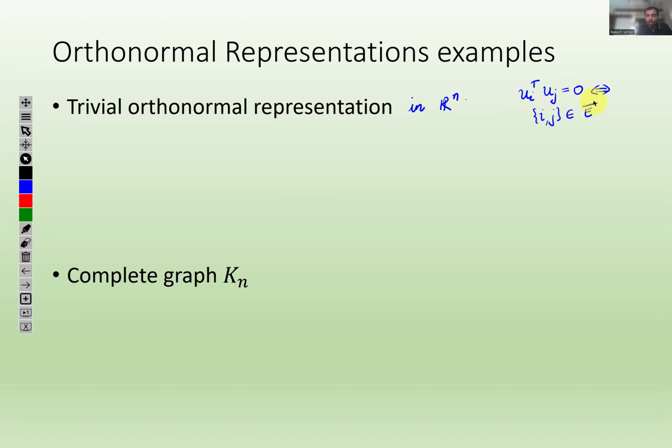Basically, what you do is just take the standard basis vectors. Assign vertex i to just ei, the standard basis vector with a 1 at the ith location.